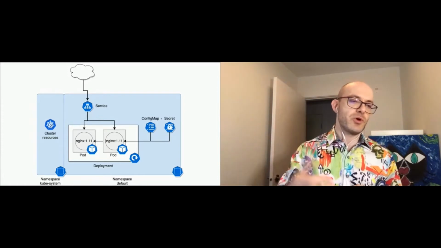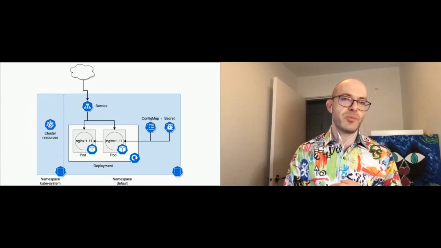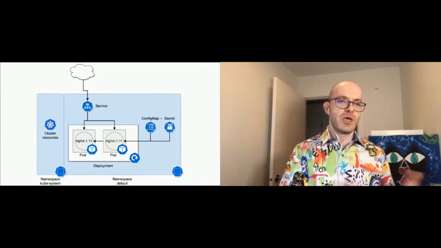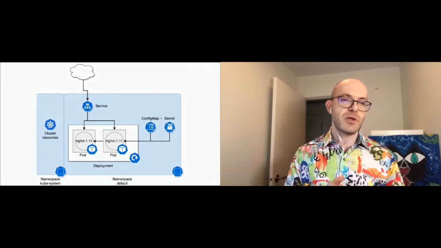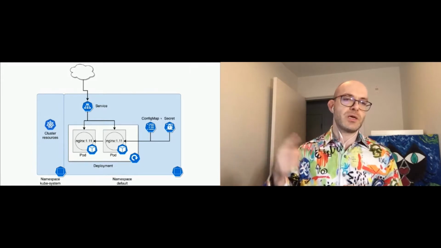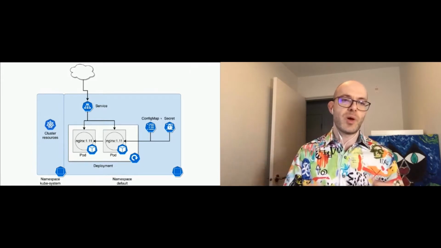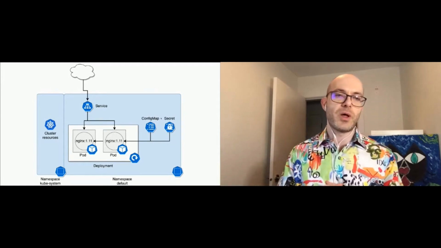So if you need to deploy a new version of your containers, you can do it through deployments, and you can set parameters around how that's done, whether you want to kill all of your old containers at once and then deploy all the new ones at once, or gradually kill the old ones one by one and deploy the new ones one by one.